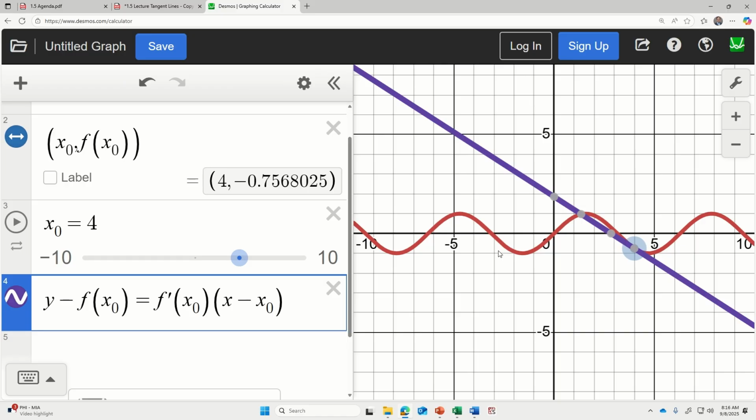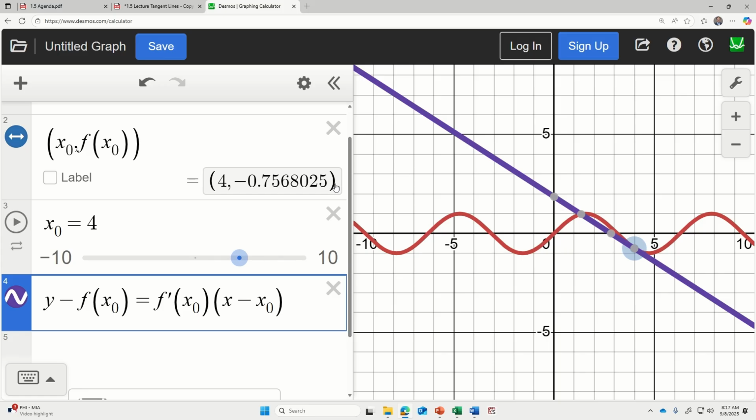Because it would be like y minus y1 equals m times x minus x1. Except the y1 is going to be the y-coordinate of this coordinate pair that I put in, which is f of x0, so y minus y1. On the right side of the equation, m is going to be the slope. I want the slope of my tangent line to be the same as the derivative of the function. And then x0 is the x-coordinate of my point that I want on my line.